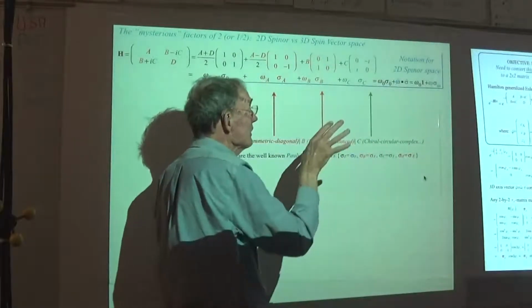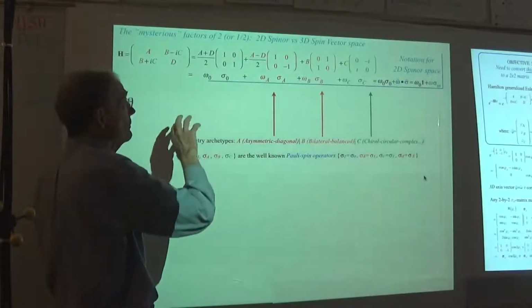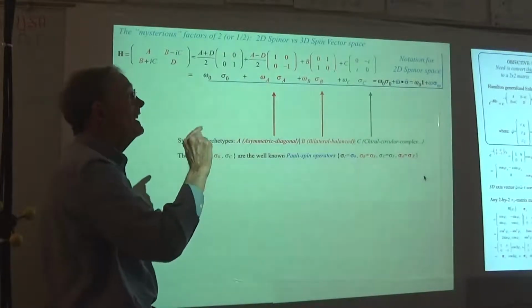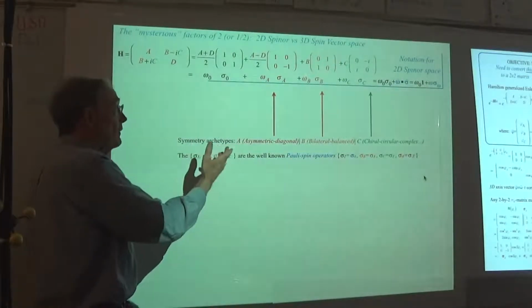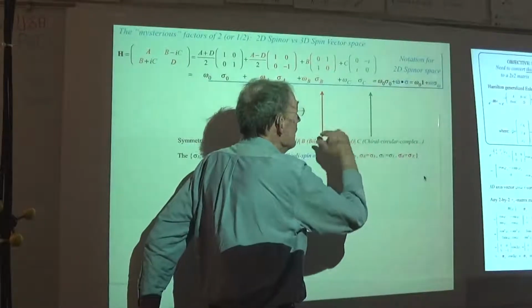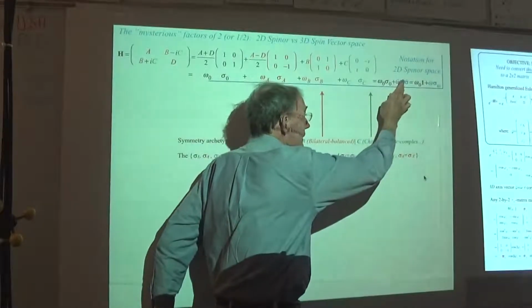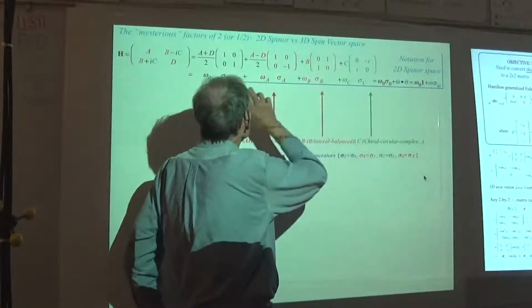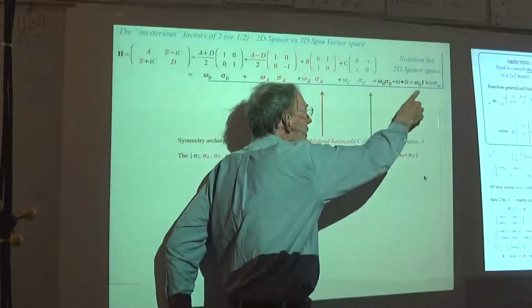So I'm using standard notation for what this thing is getting ready to do, giving us a factor e to the minus i omega t. And here are the asymmetric diagonal, the bilevical balance, and the chiral parts, the three components that go into making that vector. And this thing is just along for the ride, but it's the one that determines overall phase. You can't throw it away.